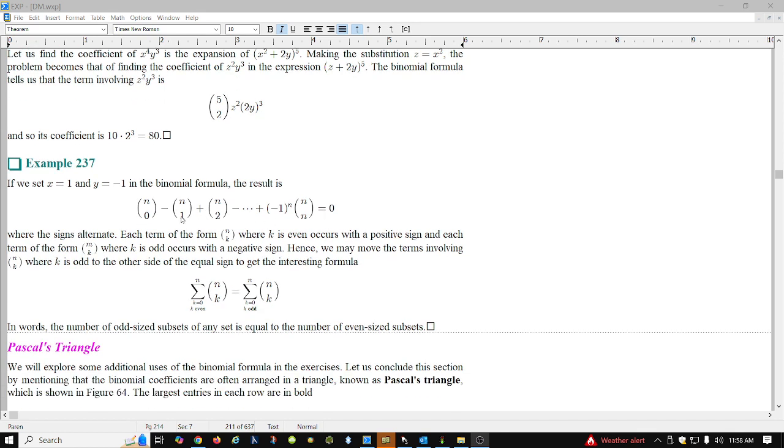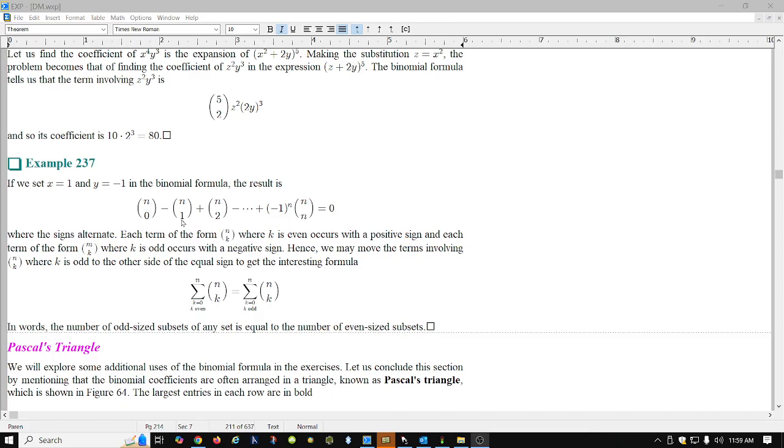Each term n choose k, where k, the bottom number, is even, is going to occur with a positive sign: n choose 0, n choose 2, and so on. The odd numbers at the bottom will occur with a negative sign.